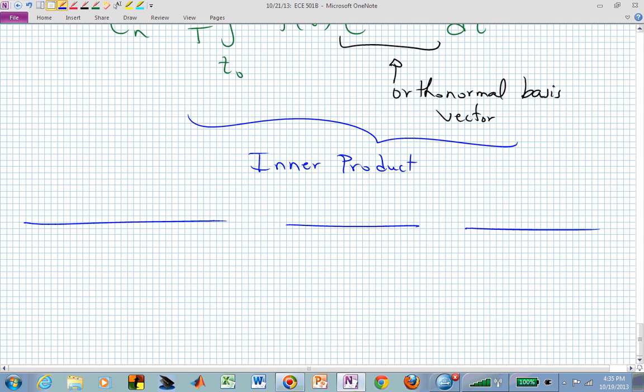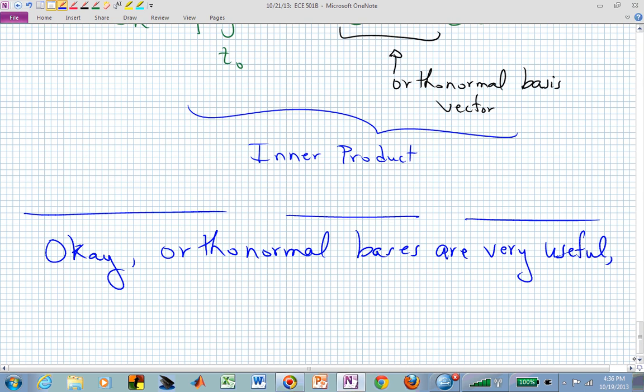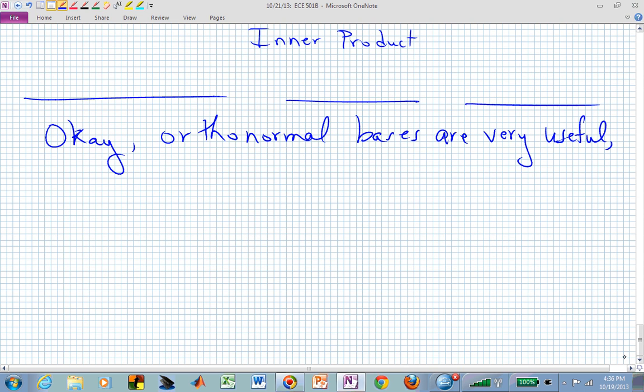Now, I believe that this concept of the orthonormal basis is useful, but I'm a little unclear as to how to come up with an orthonormal basis set, or a list of orthonormal vectors. And that's what the next procedure is going to allow us to do.